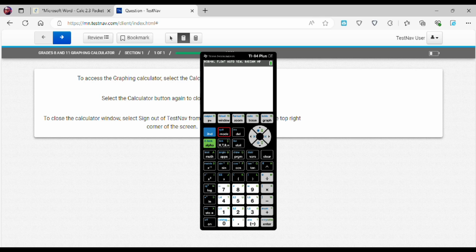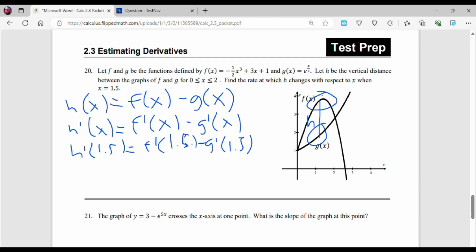Alright. Now we're going to find our derivative. So derivative of our y1 at 1.5, and then minus the derivative with respect to x of y2 at 1.5, and that is going to give us approximately negative 1.433.